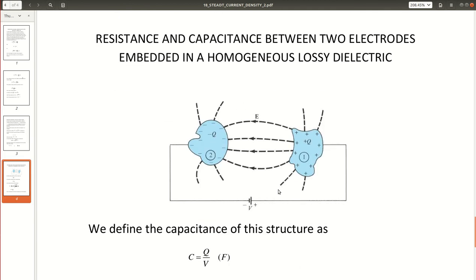Now the resistance and capacitance of the two electric materials and the relation between them.